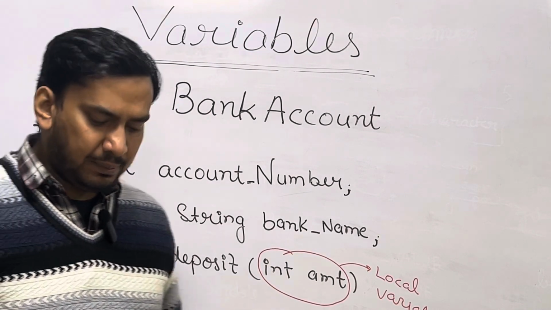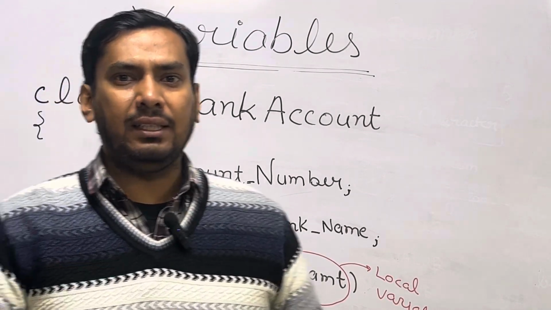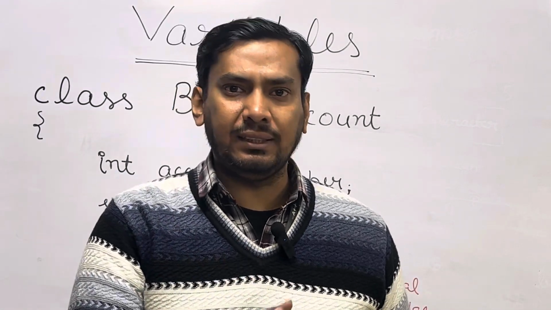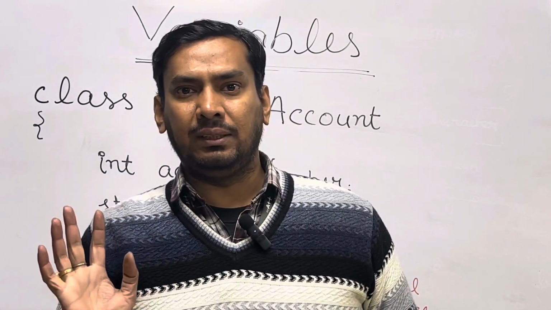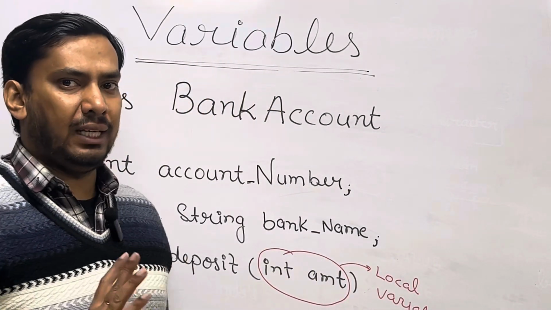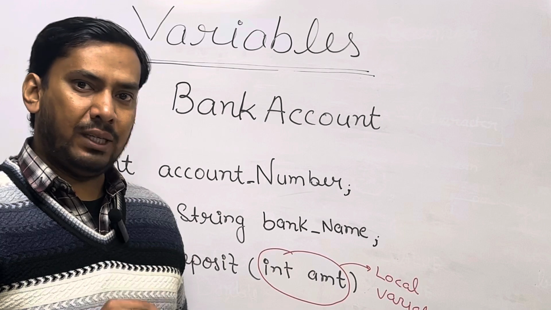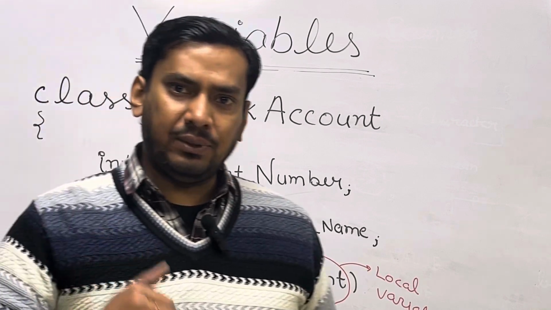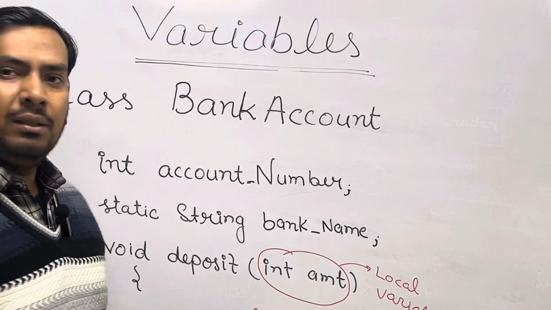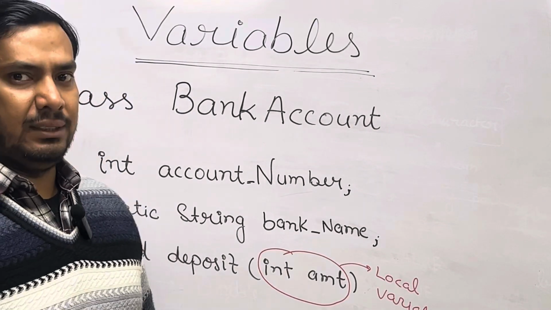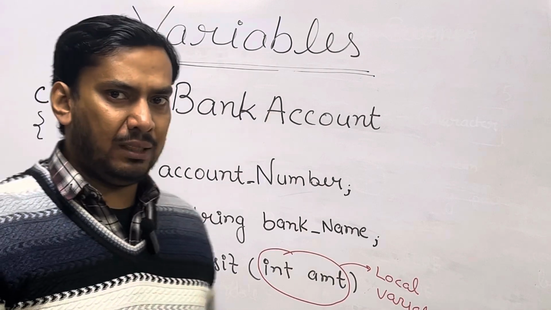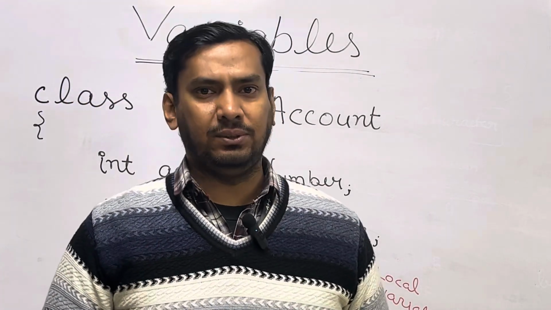So if you are creating a local variable, you should initialize it before using, right? So before using it has to be initialized. If you are not initializing, then it will give you a compilation error, local variable amt might not have been initialized, right? So the first property of local variable is it should be initialized before using it.